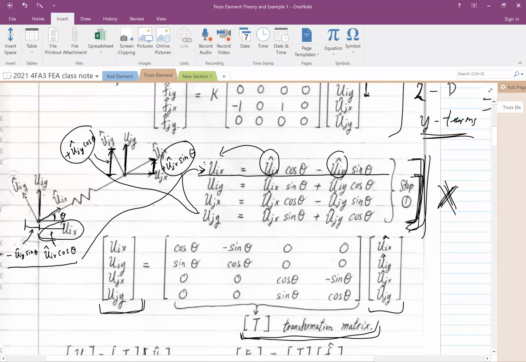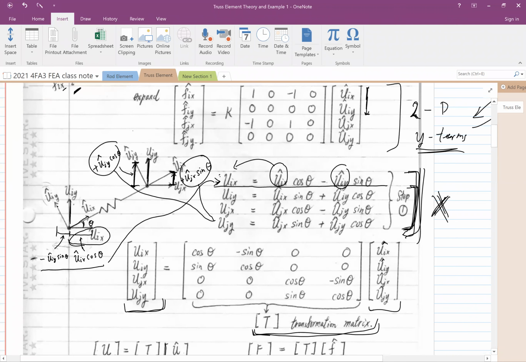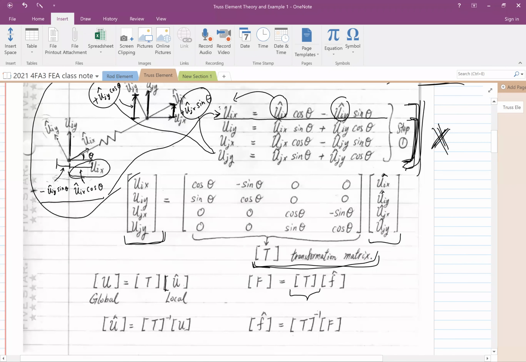Because look, guys, so far everything I showed you is the U, the displacement only, right? What I'm showing you here is that the transformation matrix can turn anything with a hat to without a hat.